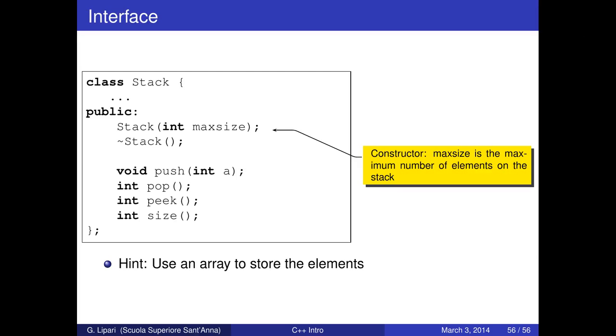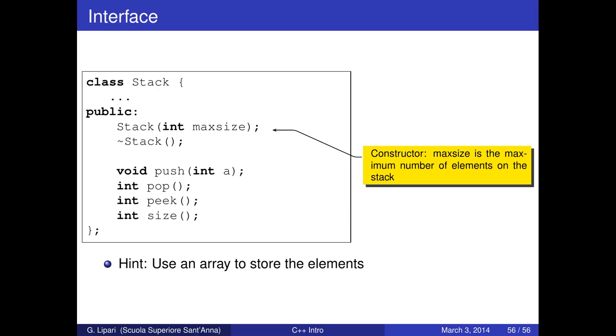So this is going to be the interface of my class. I'm going to define a stack, and I want to initialize the stack by specifying the maximum number of elements in the stack. So max size is the maximum number of things I can put on the stack. And I'm going to use three different functions on this stack.